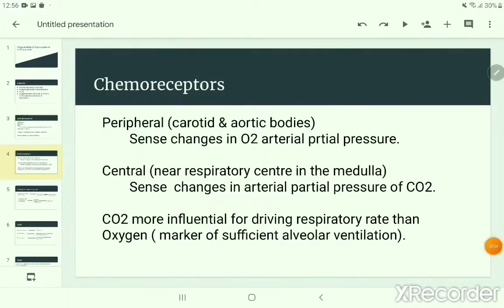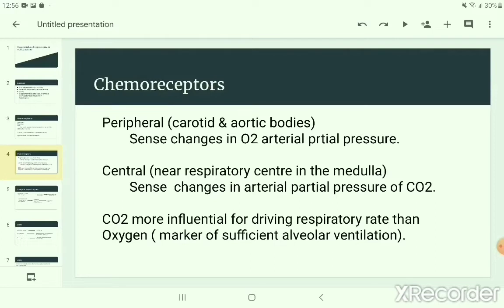Now, the chemoreceptors which play an important role in controlling the respiratory rate are the peripheral chemoreceptors and the central chemoreceptors. The peripheral chemoreceptors are present in the carotid and aortic bodies. These are sensitive to changes in the arterial partial pressure of oxygen, while the central chemoreceptors, present near the respiratory center in the medulla, are sensitive to changes in the arterial partial pressure of carbon dioxide.